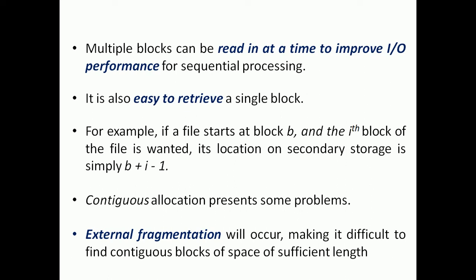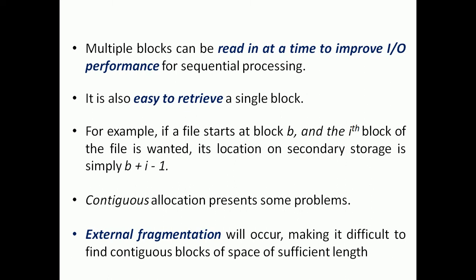Multiple blocks can be read to improve I/O performance, and it is also easy to retrieve a single block. Suppose I want to find the ith block; its location in secondary storage is B plus I minus 1, where B is the starting block and I is the ith block. It has some problems, as I said earlier.